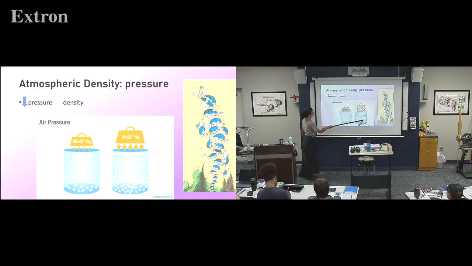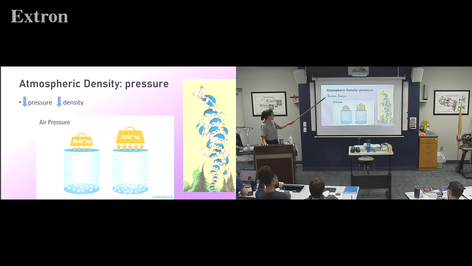Going from here, where we have a lot of pressure, squishing those molecules together, and then we relieve that pressure. Pressure goes down. What's going to happen to density, or how tightly packed those molecules are, do you think? Exactly. So as pressure goes down and decreases, density will also decrease and go down.